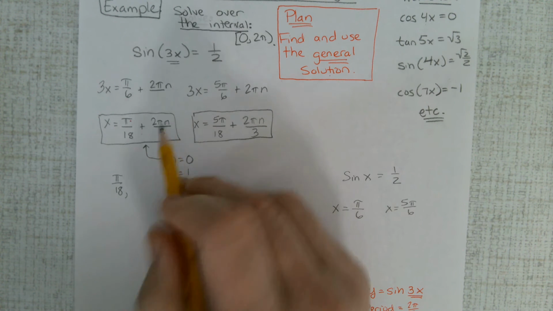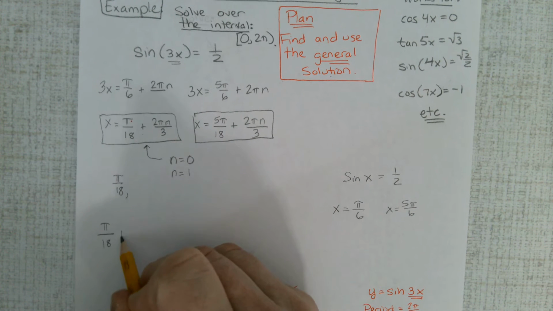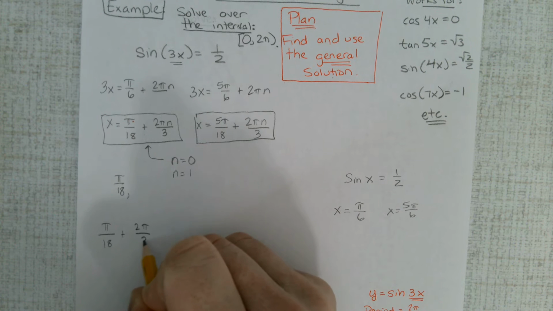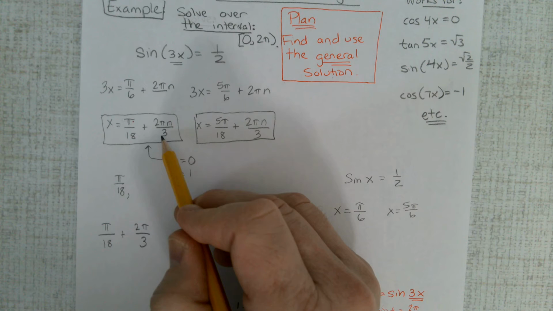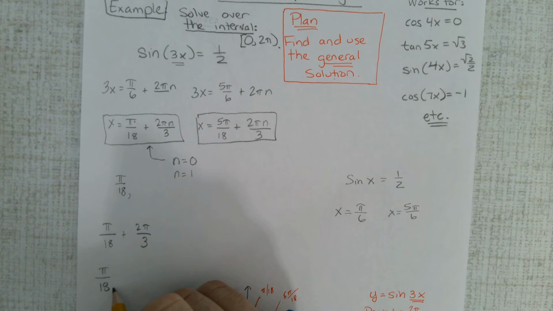Now I'm going to pretend n is 1. Well, if n is 1, I have the problem pi over 18 plus 2 pi over 3, because if I put a 1 there, that's just 2 pi over 3. Let's make these common fractions.